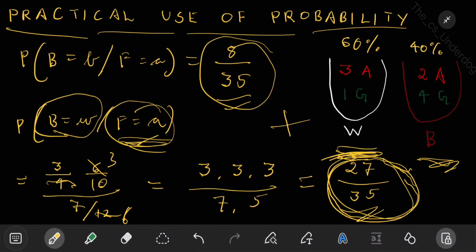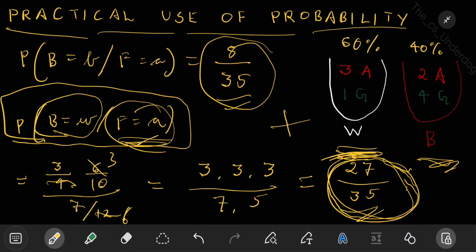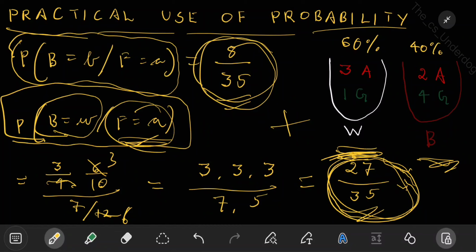That is how probability works. You try this as an exercise, try to solve this independently. If you solve probability of bag equal to brown given fruit equal to apple, that should come out to be 8 by 35, right?